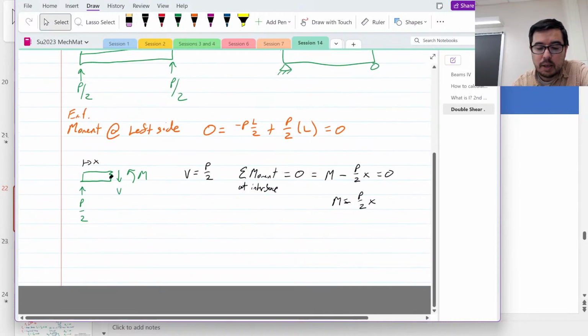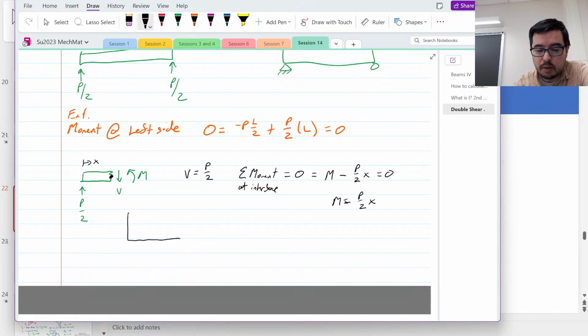So if I'm drawing the bending moment and the shear force diagrams, all I've got, at least up to this point, the L over 2, is a constant P over 2.